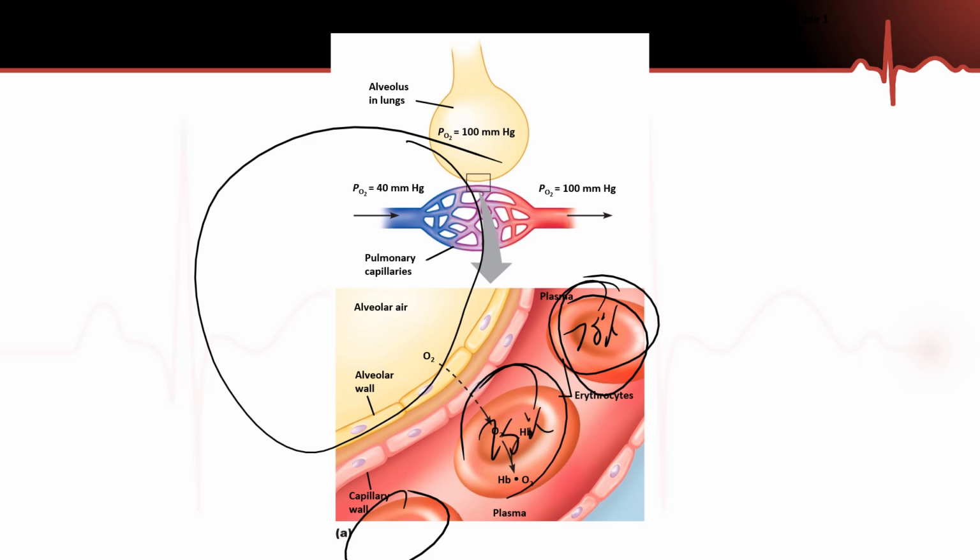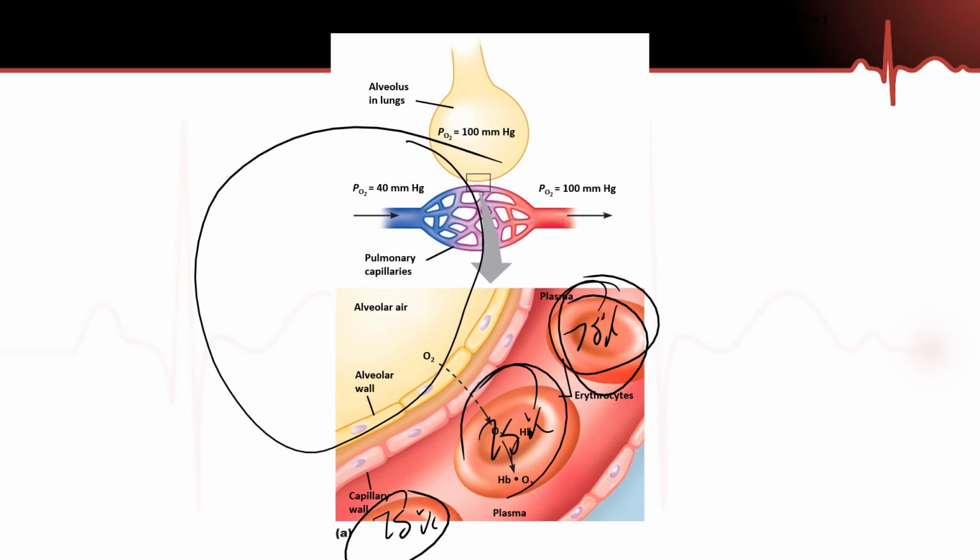So these red blood cells are only at 75% of their oxygen carrying capacity. These red blood cells are by a fourth capable of improving their oxygen carrying capacity.